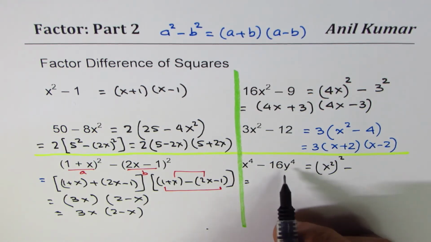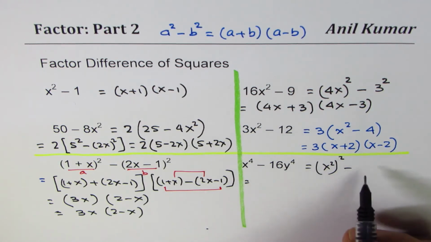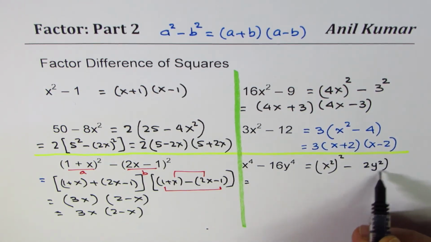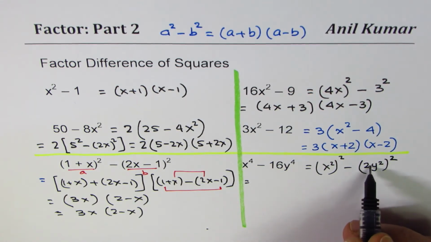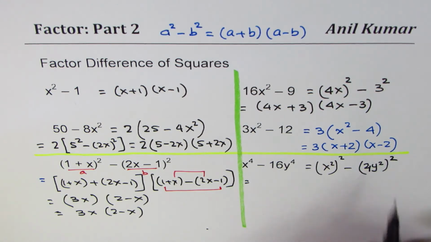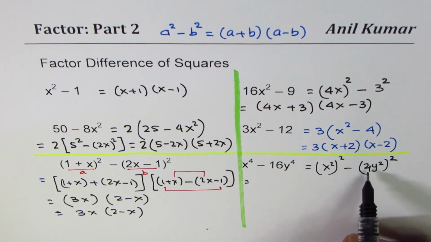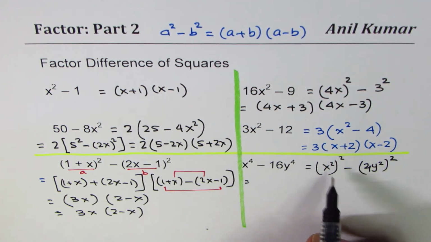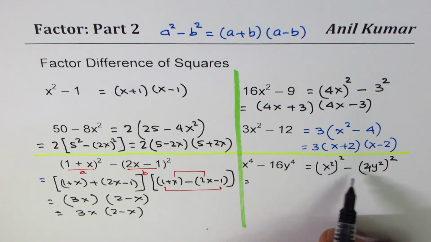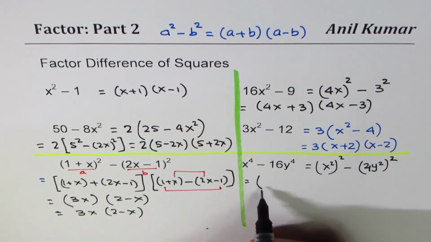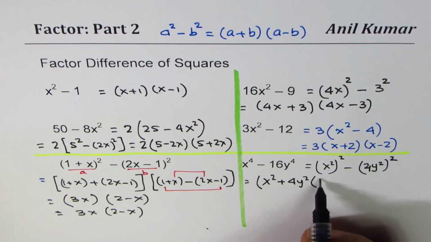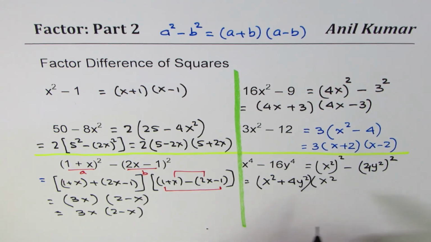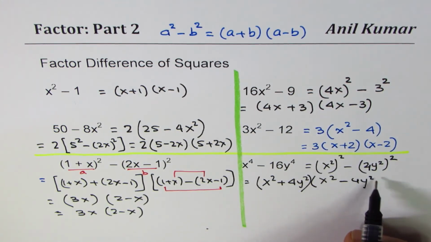So we could write this as 4y square whole square. We'll make it 2 square later. So that means a is x square and b is 4y square. So I'll factor this as x square plus 4y square times x square minus 4y square. Is it okay?